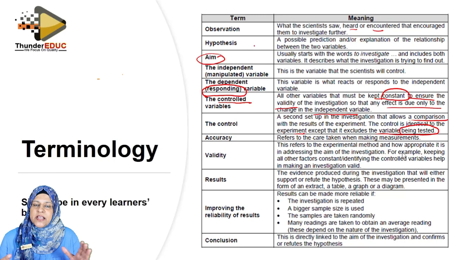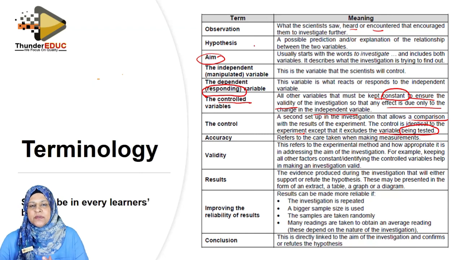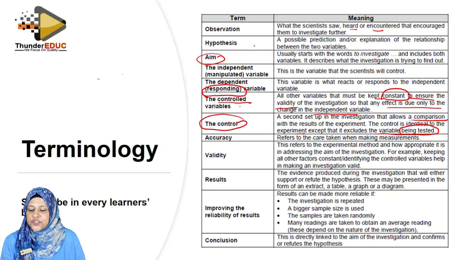So then we will remove that factor and then we will add it in the experiment, and then we can compare to say, without it, this is what happened. When we added this factor, this is now what happened, and we can use that then to compare. That is the control. Accuracy refers to the care taken when taking measurements, and validity.